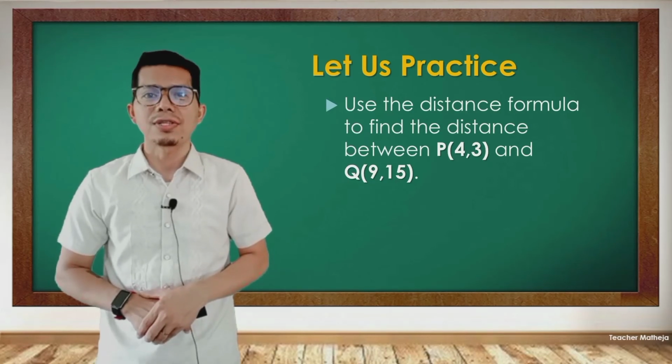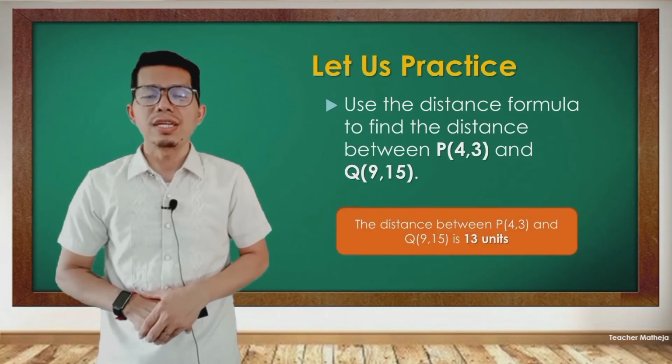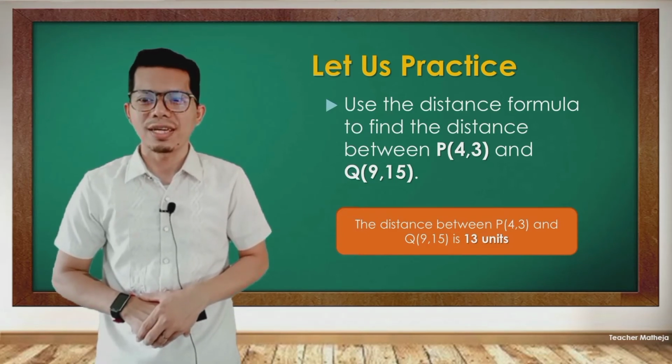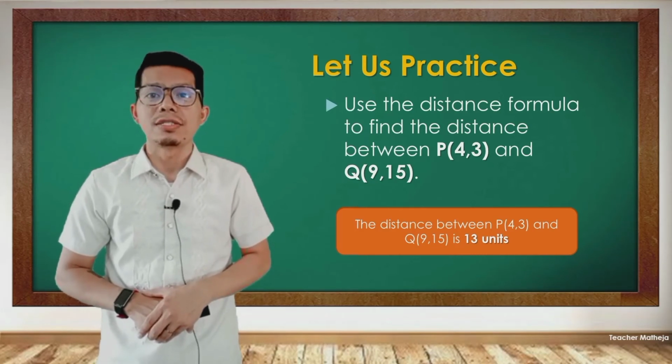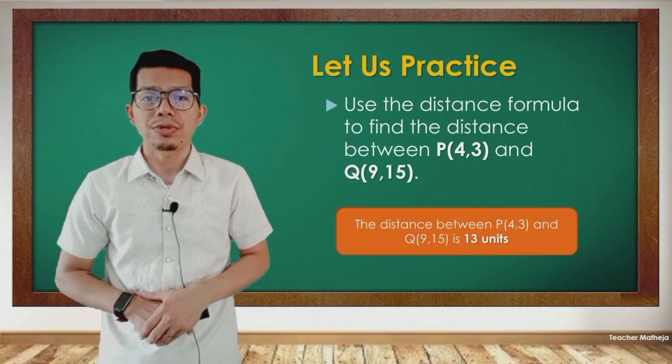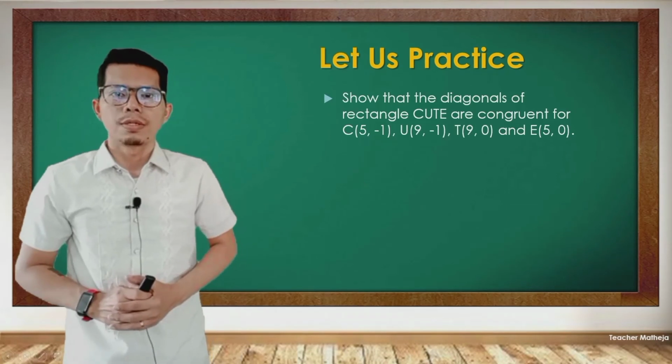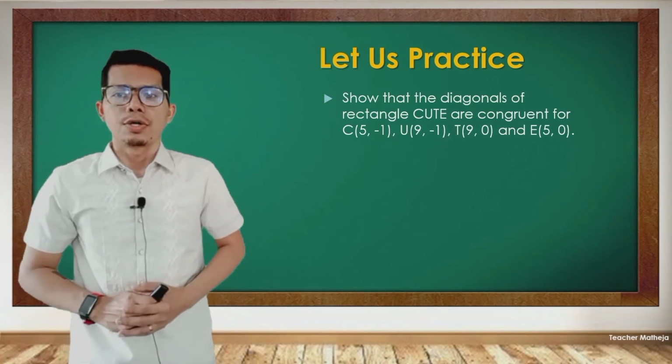If your answer is 13 units, then you are correct. Congratulations! So the distance between point P with the coordinates 4, 3 and point Q with the coordinates 9, 15 is 13 units.